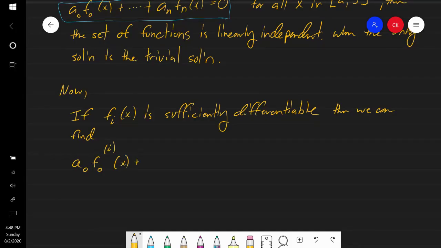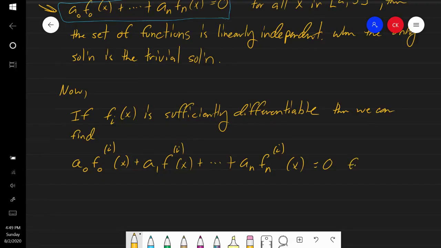So we take our equation from above, and we start differentiating that equation a bunch of times. And what we get is something that becomes a nice matrix that we can then use as a tool. So let's finish writing out this statement. A sub n, f sub n, here's the ith derivative. And again, that's equal to 0.